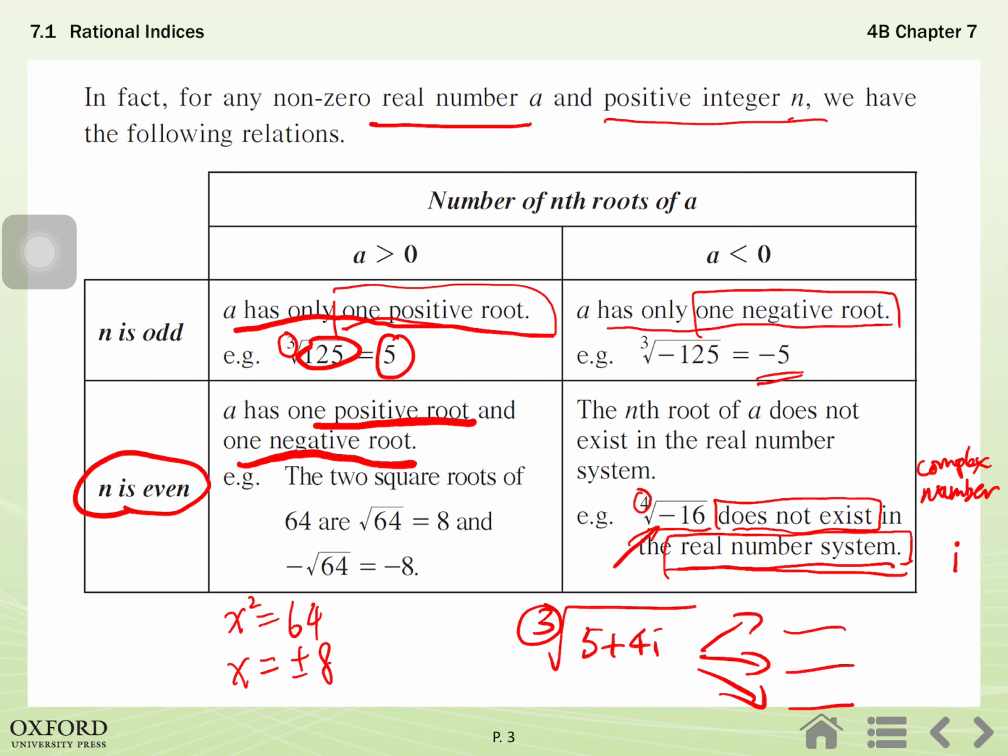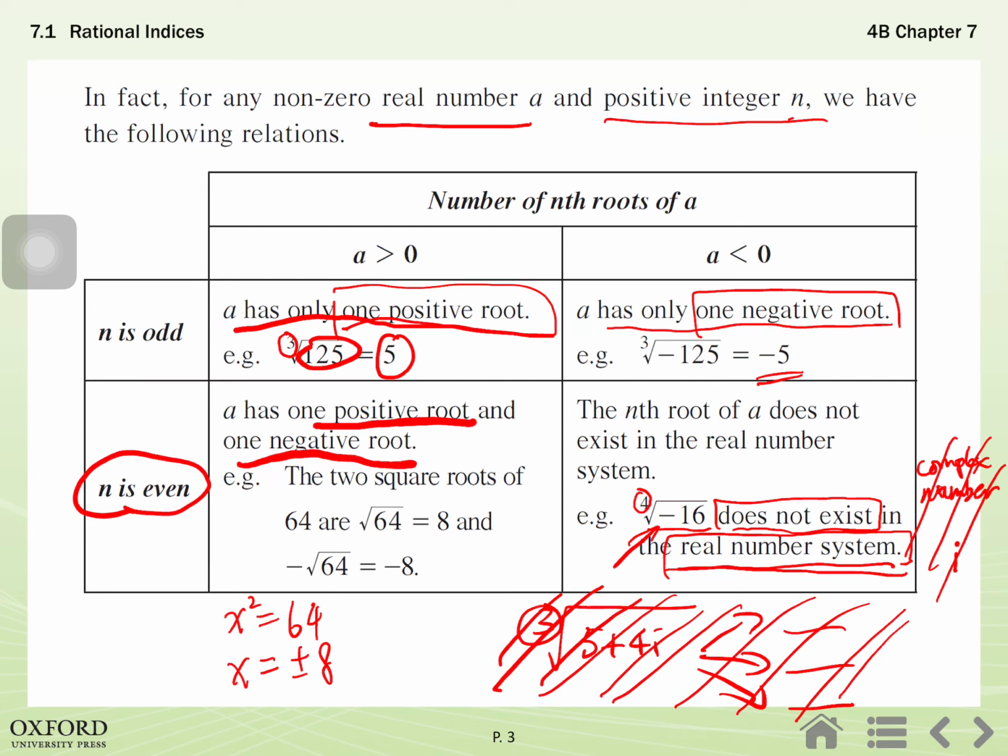But here we just consider real numbers only. So for complex numbers, you can just put them aside first and see if we have a chance to look at them later.